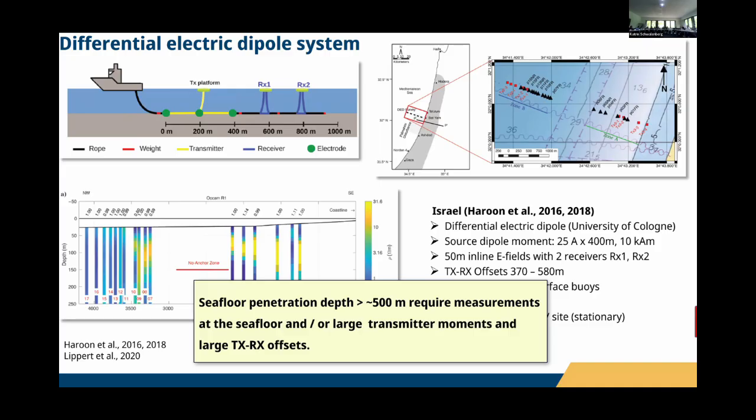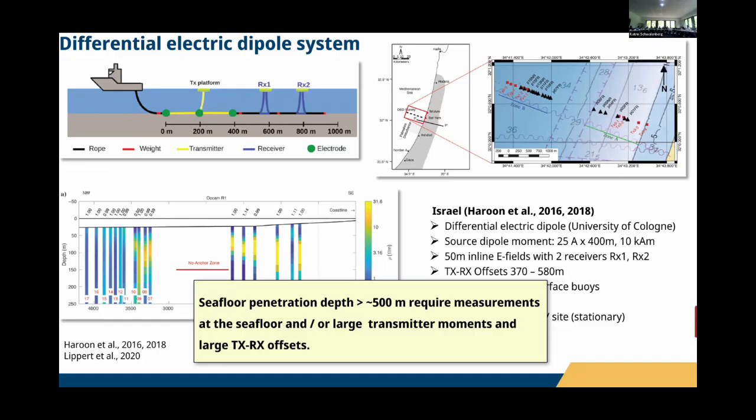We have equipment we can use offshore, which comes from different applications, to look at deeper targets in deeper waters using bigger research vessels, which can probably operate up to 10-meter water depths. But then we have this gap where we cannot go with the big research vessels, and where we have systems which can operate maybe from zodiacs or rubber boats, small-scale boats, but they don't look that deep.